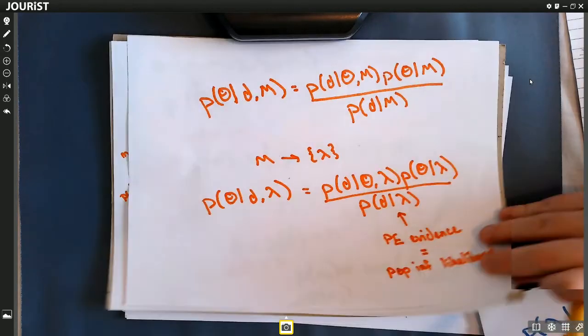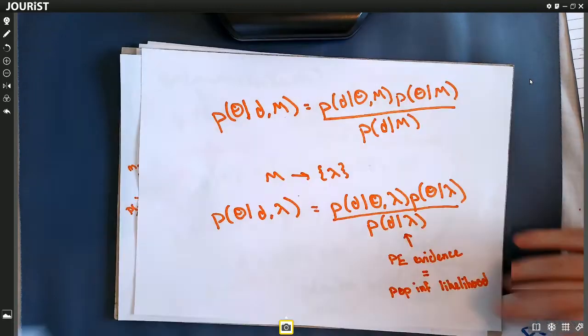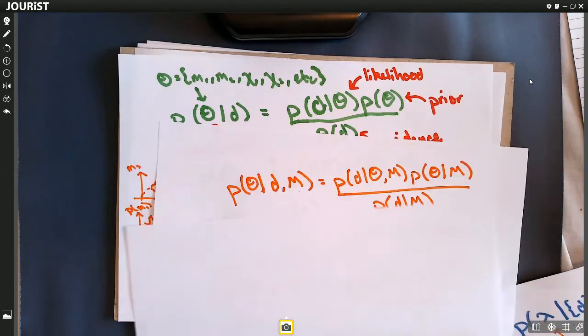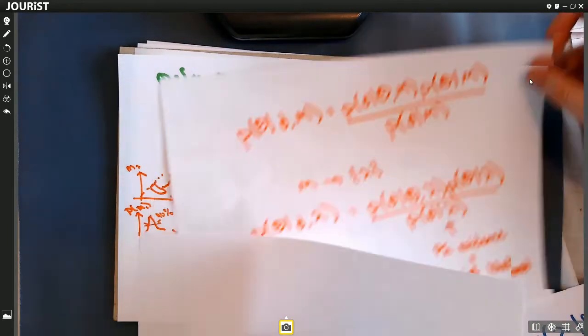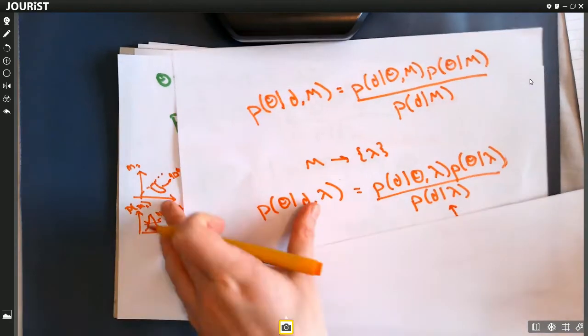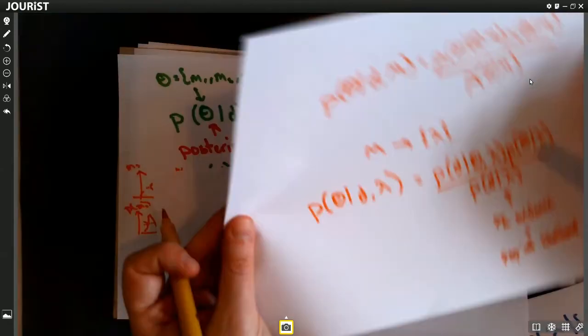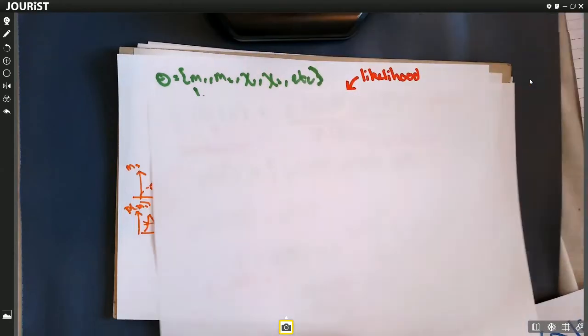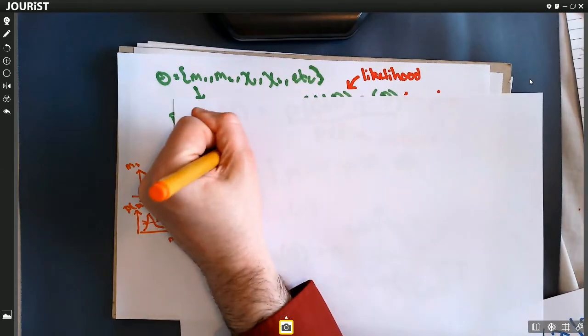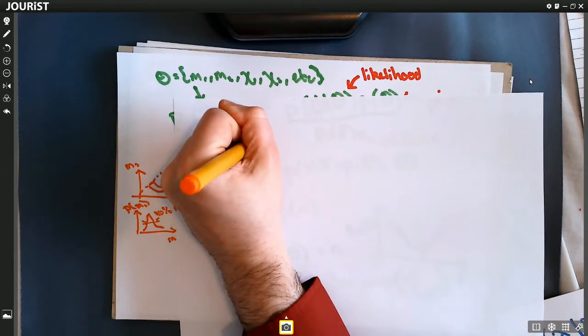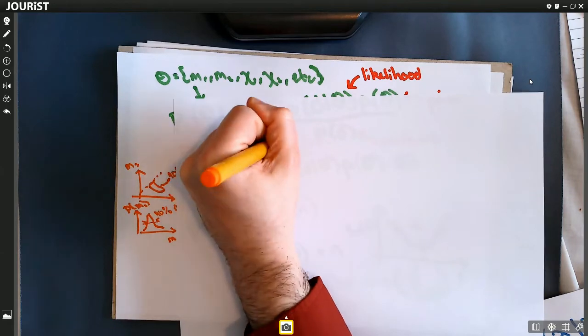What do we want? Okay, so if we just had one observation, we could calculate what is the probability of our set of hyperparameters given our data.